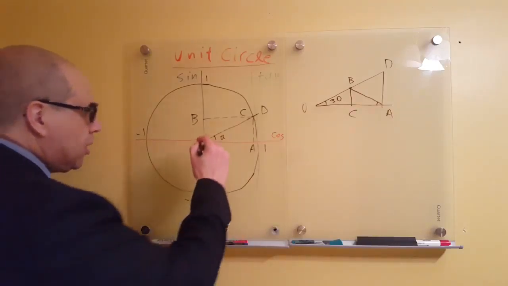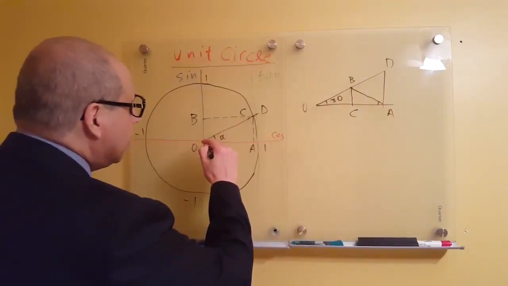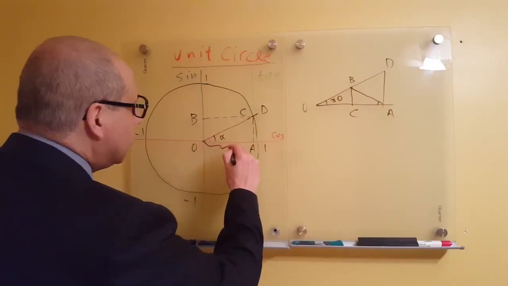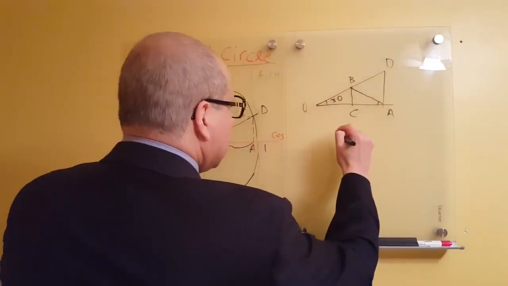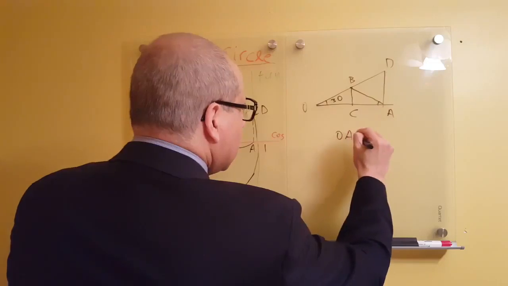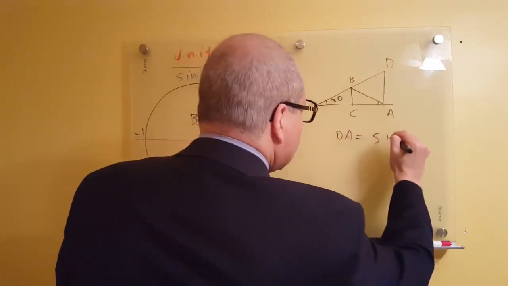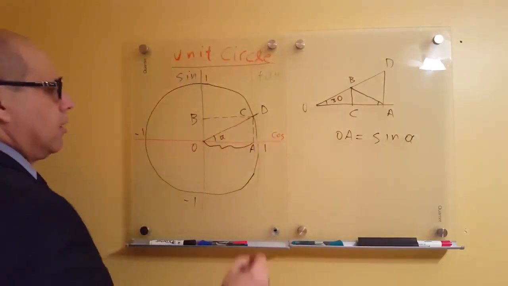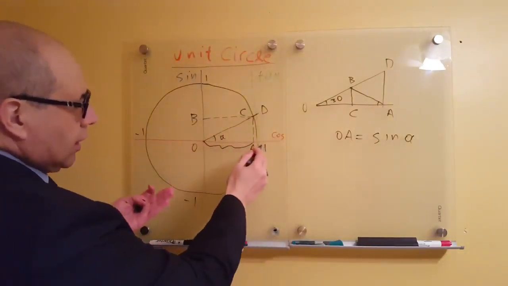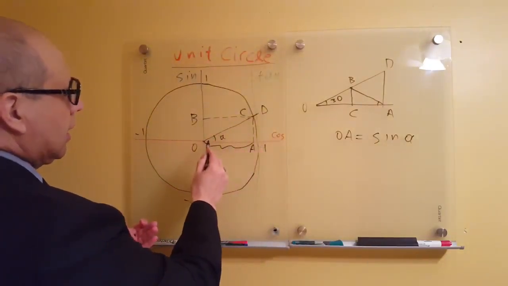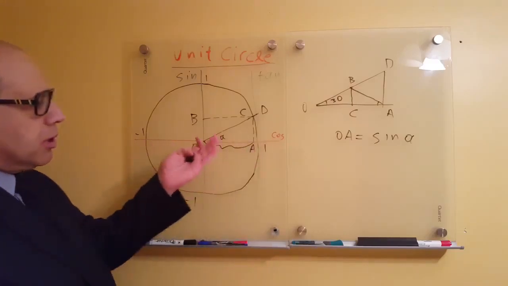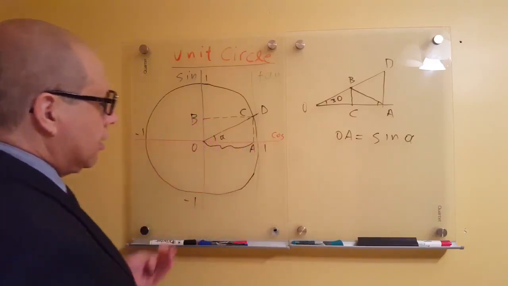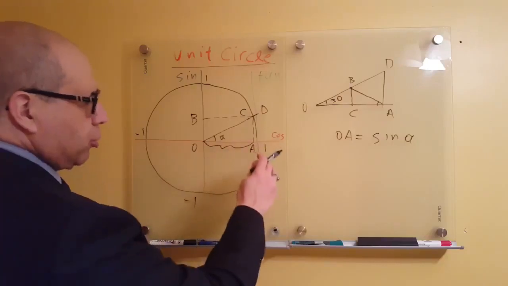If you measure this segment here, OA, it is equal to the sine of the angle A. This is of course less than 1, approximately 0.8, let's say, so it's positive.